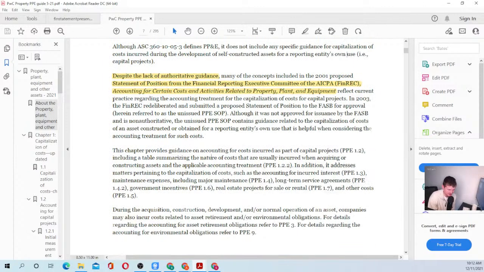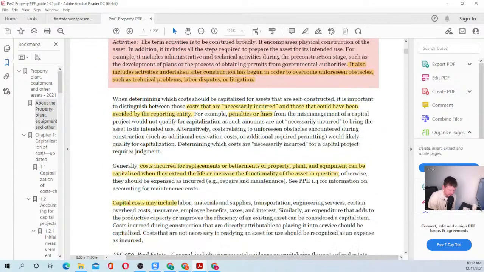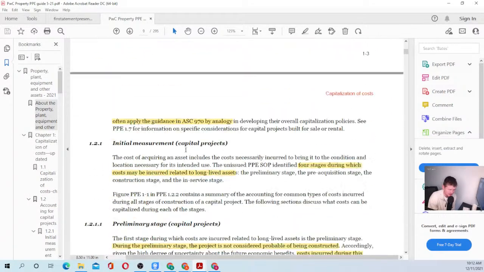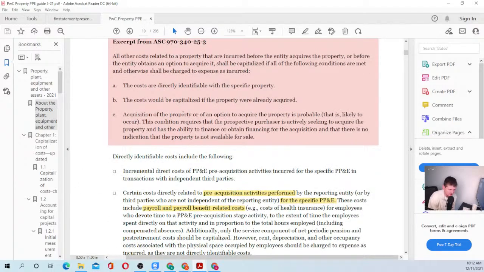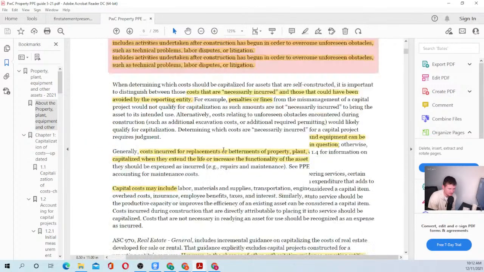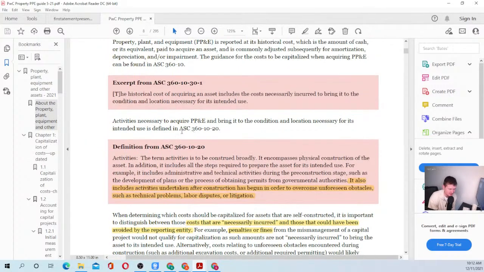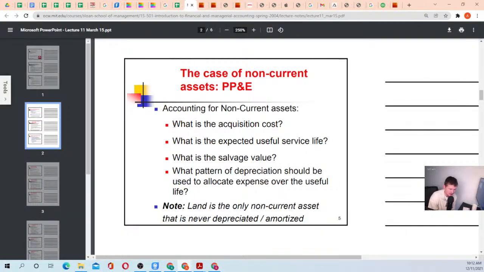So now let's see what the guidance says about accounting for capital projects. Basically they do not provide us with a concise statement to answer the questions. So what is the acquisition cost?